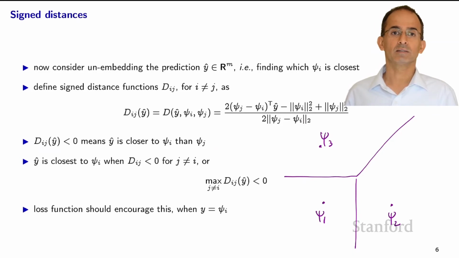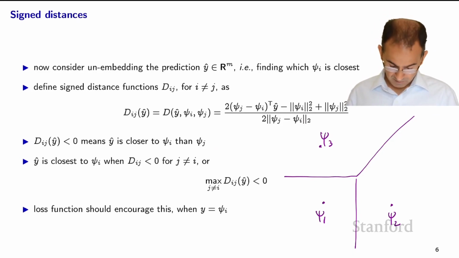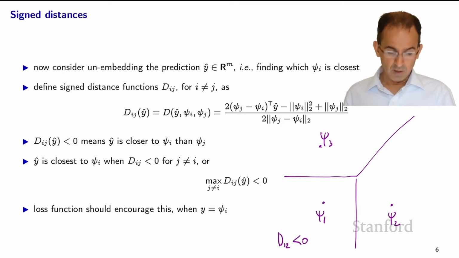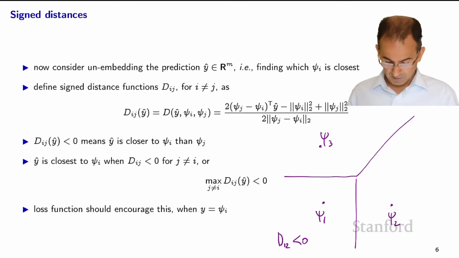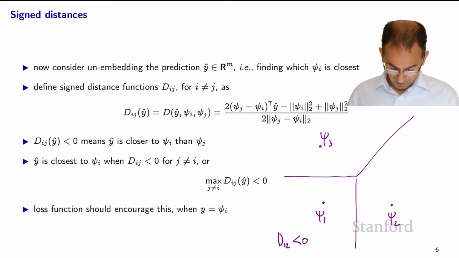Now, d1,2 is less than 0 when we are closer to psi1 than we are to psi2. So d1,2 is less than 0. Where is that? That's everywhere to the left of this line.